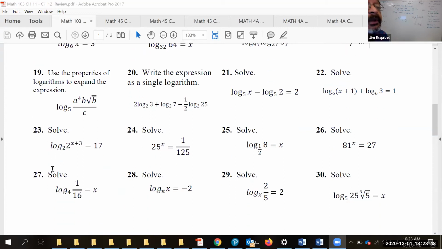Number 23. You see how that's log base 2 of 2 to the x plus 3 equals 17? On the left-hand side, what happens to log base 2 of 2 to the x plus 3 since the bases are the same? It's a log base 2. Inside you have 2 to the x plus 3. What do you end up with?